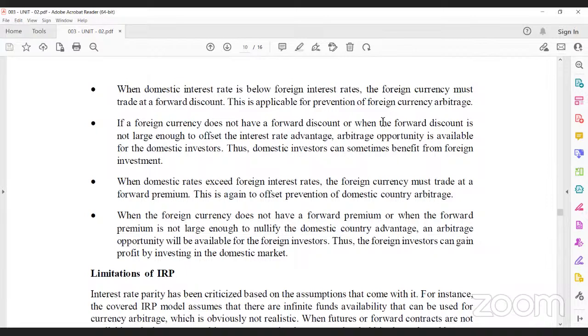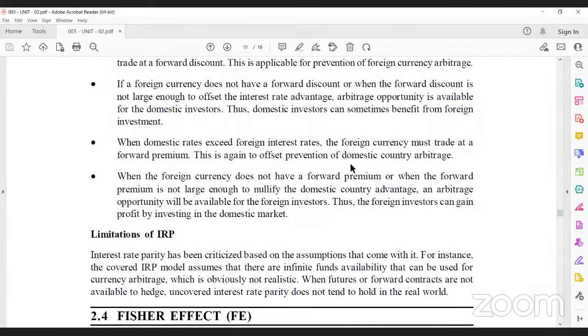This is again to offset prevention of domestic currency arbitrage. Thus, the foreign investors can gain profit by investing in the domestic market.